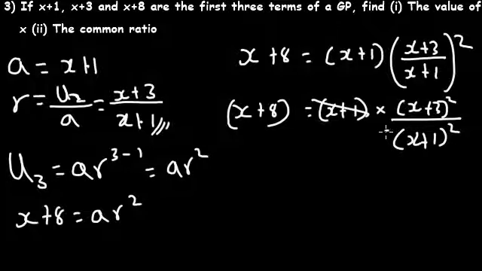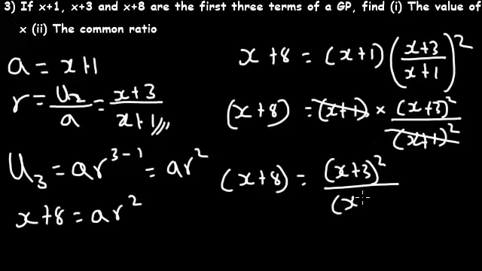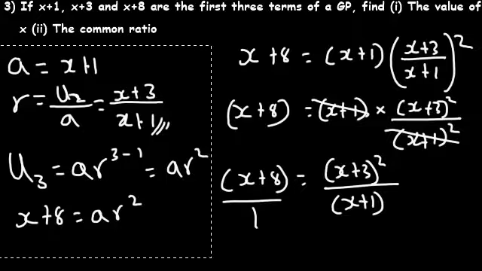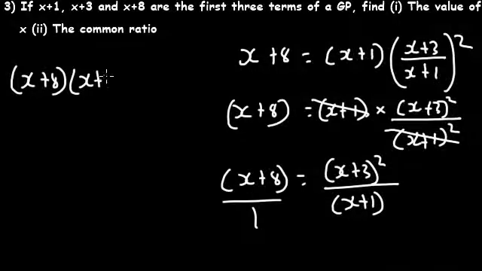Now we can reduce one of these x plus 1, and what's left over would be x plus 8 equals x plus 3 all squared divided by x plus 1. Now at this point, we can cross multiply. So upon cross multiplying, x plus 8 multiplying x plus 1 is equal to x plus 3 squared.